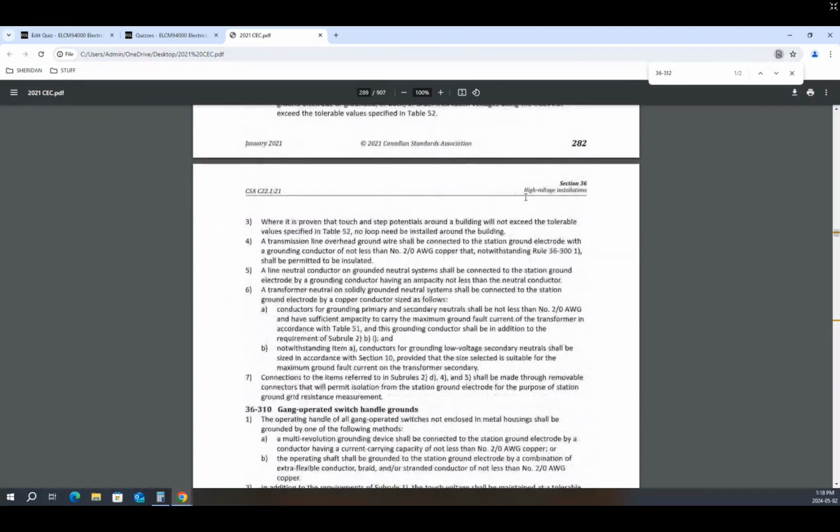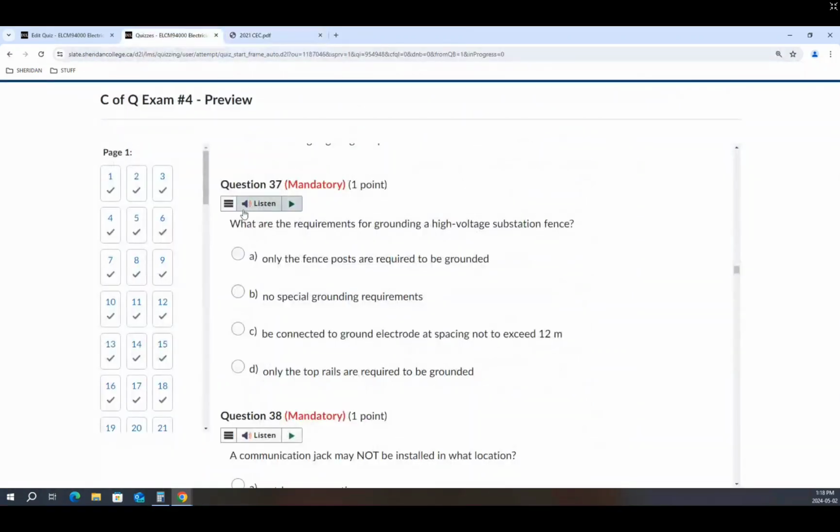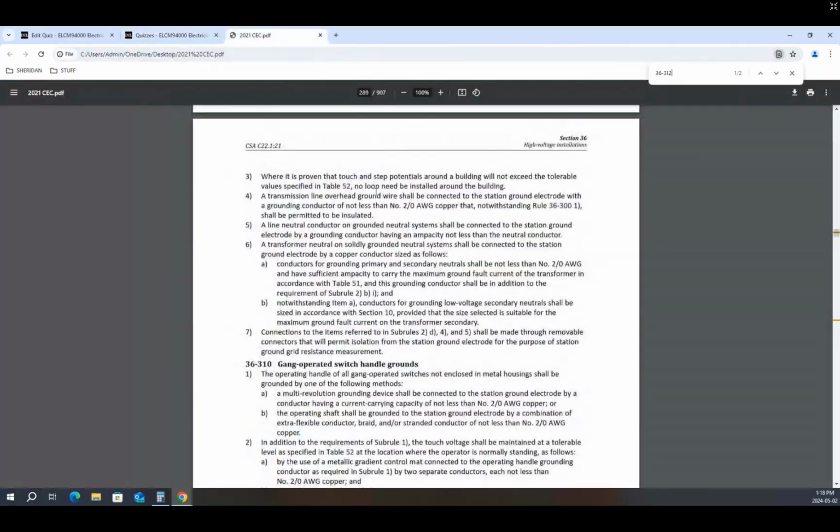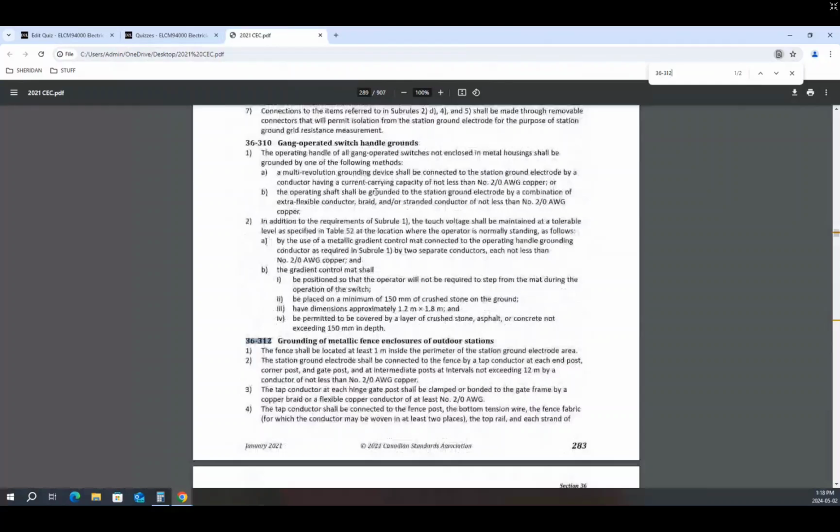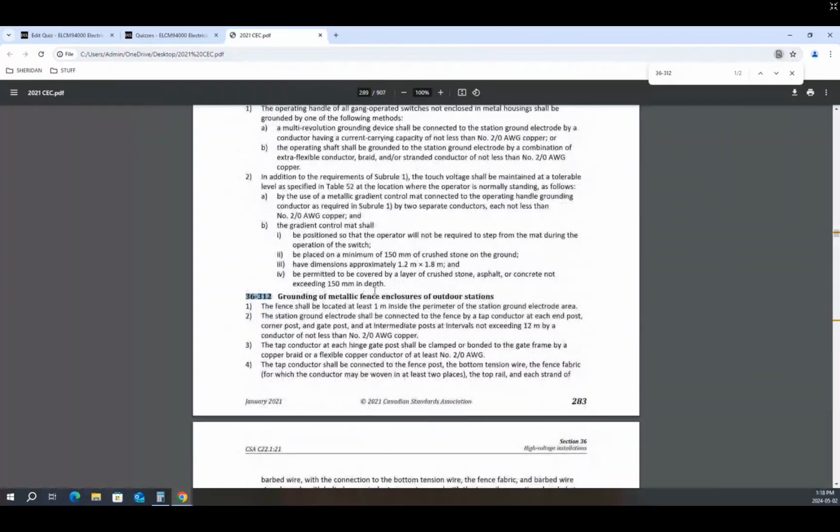Section 36 is high voltage installations. I'm looking for grounding a high voltage substation fence. So I'm in 36 and I've scanned through, and here we are, grounding, 36-312.